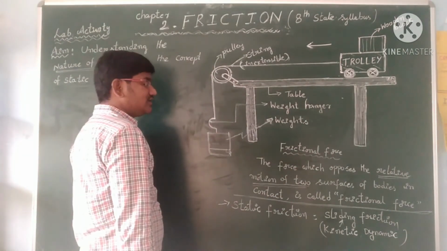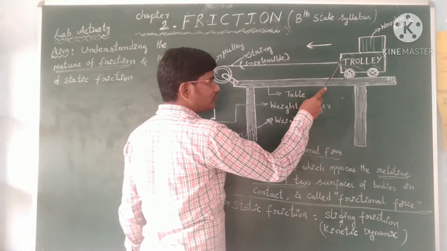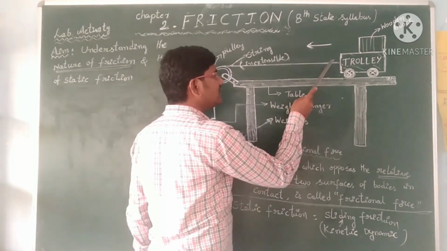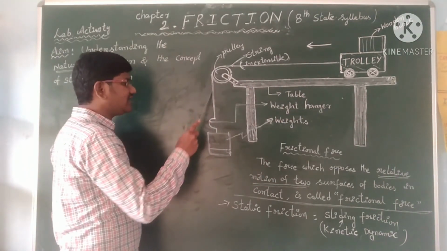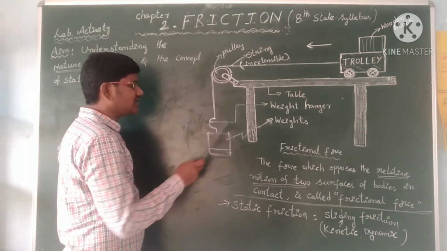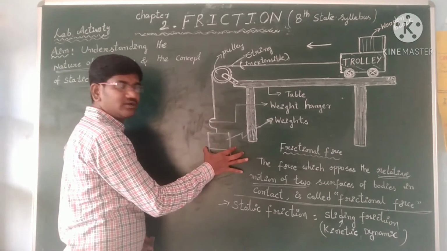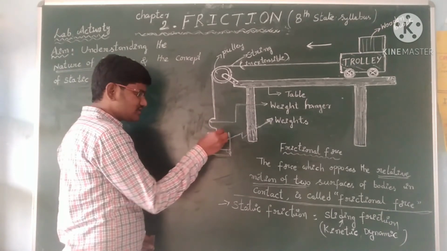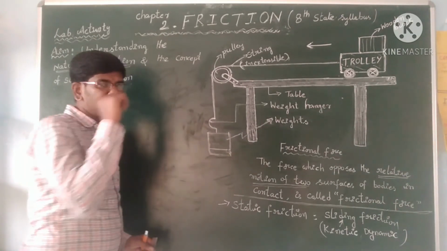Now tie an inextensible string to the toy trolley, and that string passes through the pulley, and the other end is connected to a weight hanger. We can keep the desired number of weights in this weight hanger.